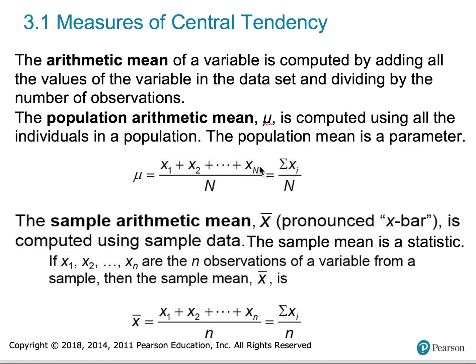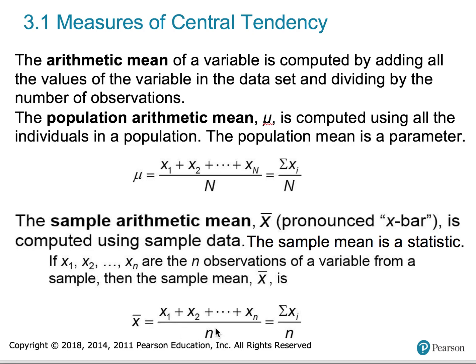You add up all your data values and divide by how many there are. So the sample arithmetic mean, pronounced X bar, is computed using sample data. The sample mean is a statistic. Okay, so it's the exact same formula. Just note capital N is for population, likewise mu is for population.